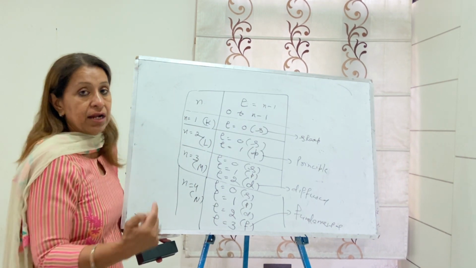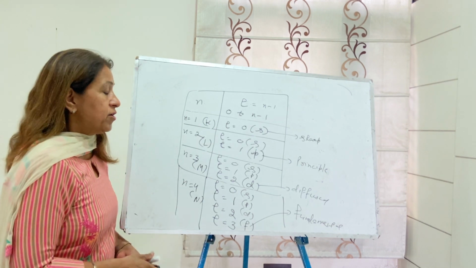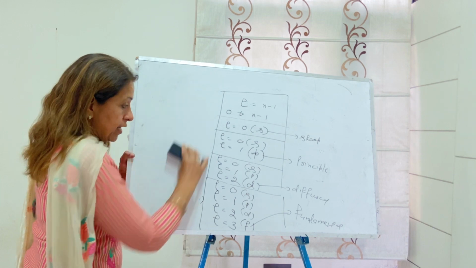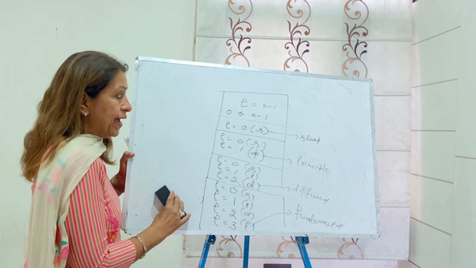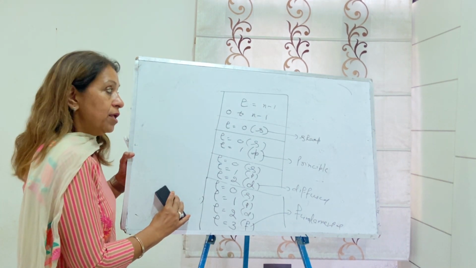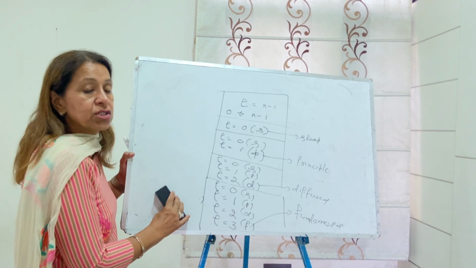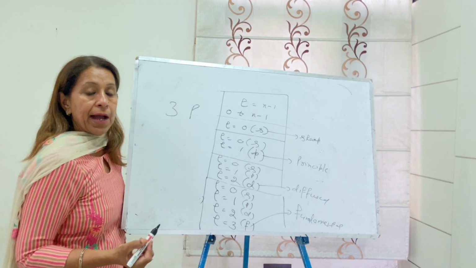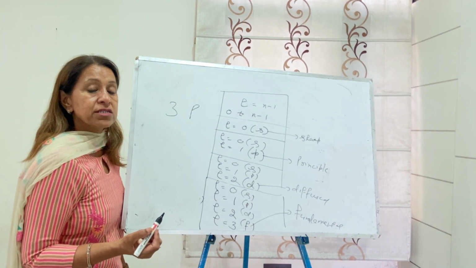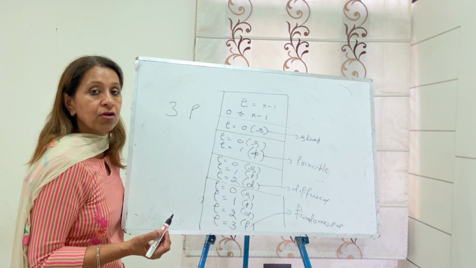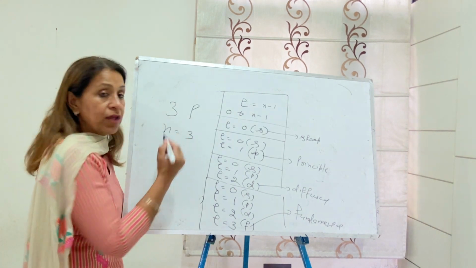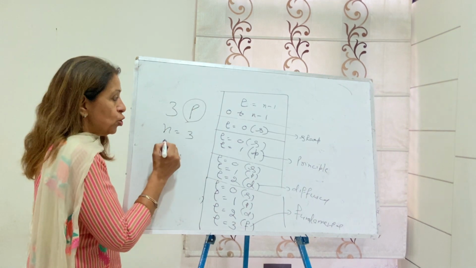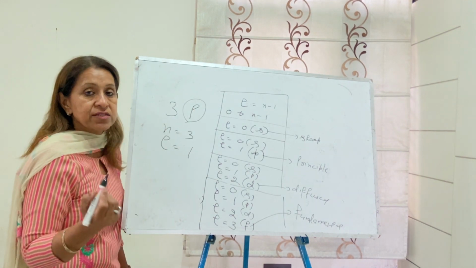If I write 3p and ask what is the shell of the electron, you will say n is equal to 3. If I ask what is the subshell of the electron, because p is written, you will say L is equal to 1.